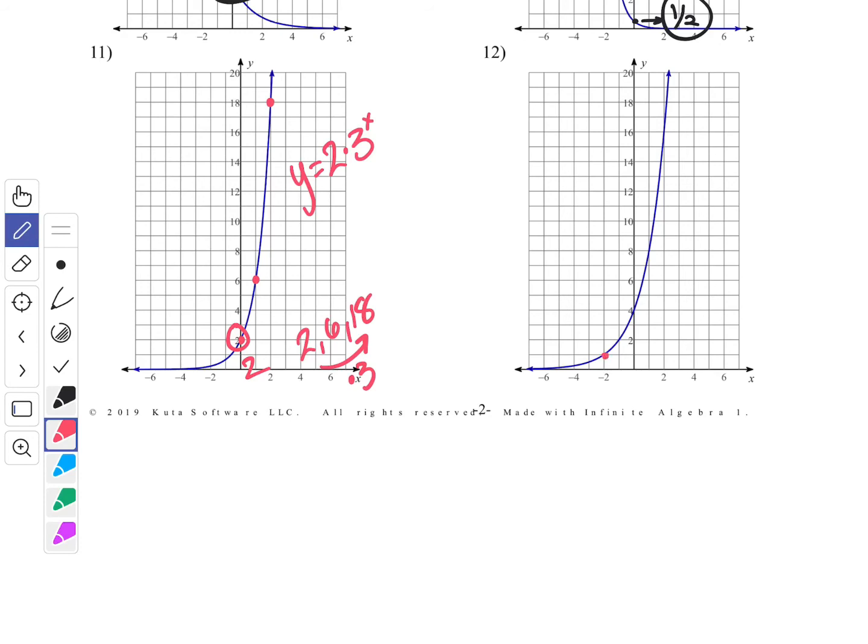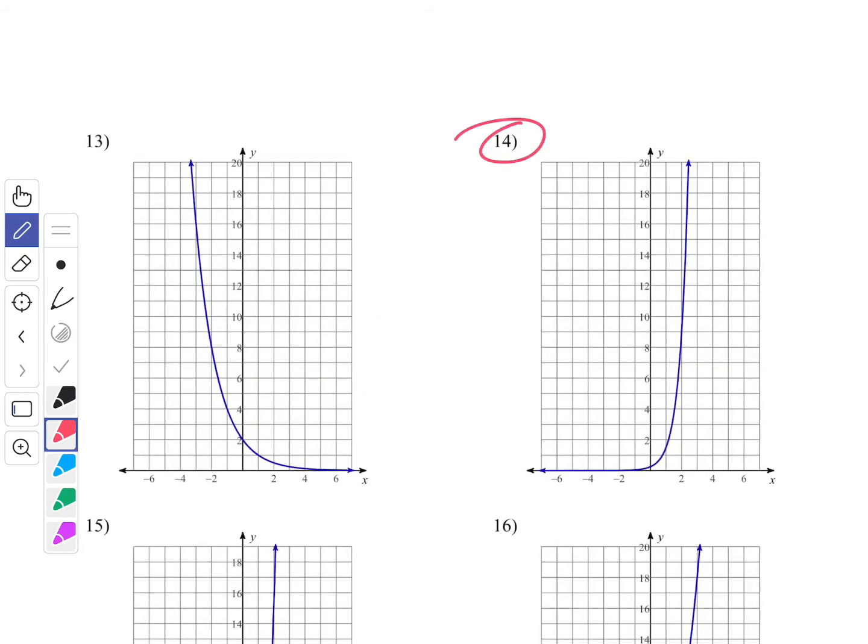And we're done with that one. For number 12, looks like we've got 1, 2, 4, our y-intercept. So y equals 4 times, and 8, and 16. So 1 to 2 to 4 to 8 to 16 we should recognize pretty easily. We're timesing by 2 here to the x.